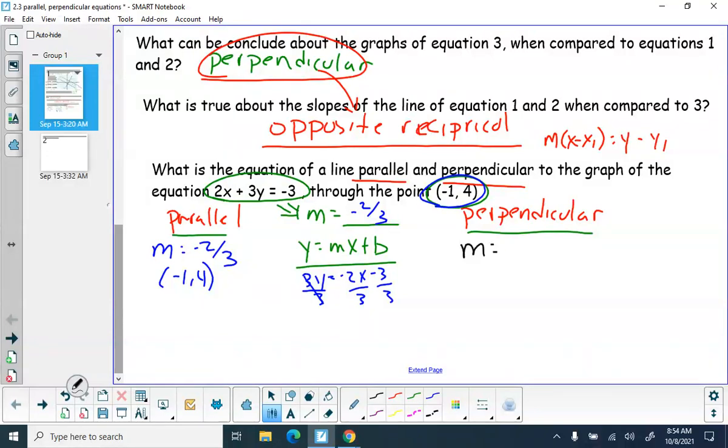What does my slope have to be for it to be perpendicular? And determine the equation of the line for the perpendicular line. Use that exact same point, negative 1, 4. Check your answer with somebody around you.